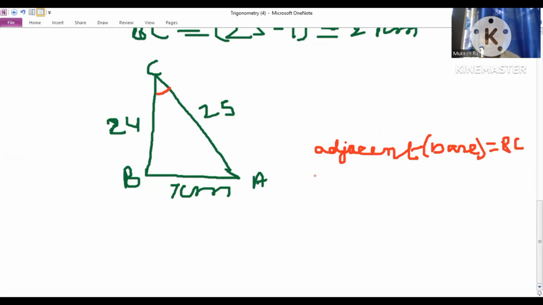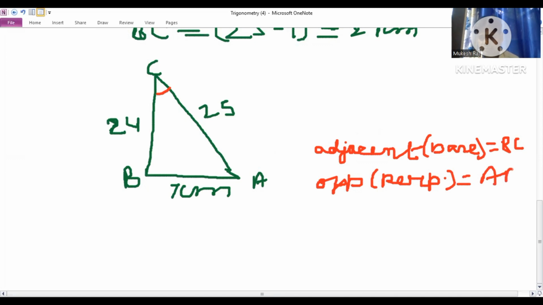Then opposite, which is also known as the perpendicular, which is equal to AB. And then finally the hypotenuse, which is the most important thing. So hypotenuse is equal to AC.